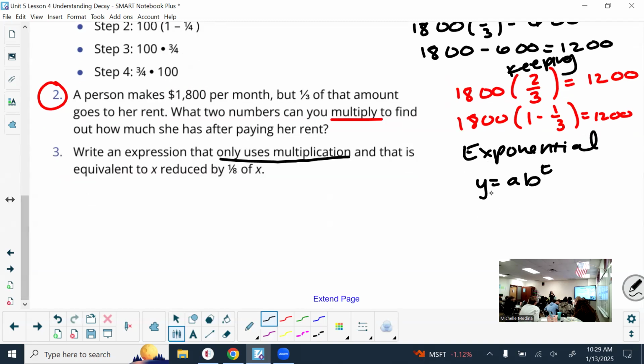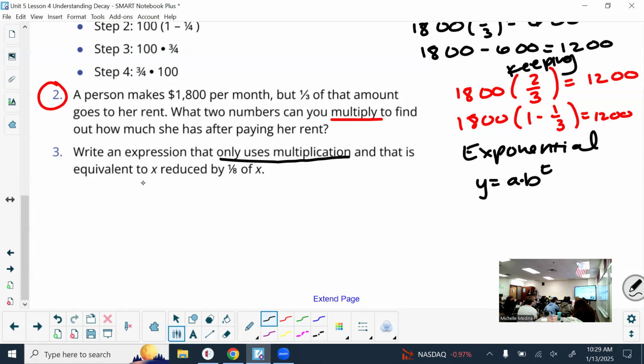In this, we are multiplying. We're not subtracting necessarily, although you could write it a different way that allows for it. In exponential functions, we care about what we're multiplying by, where b is our common factor. That's why we are focusing on making expressions that just have multiplication in them.